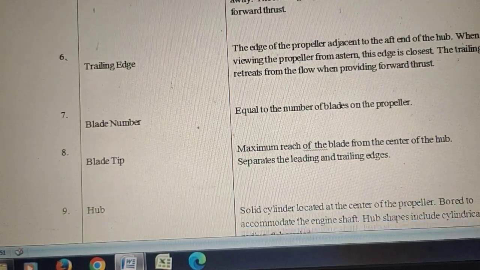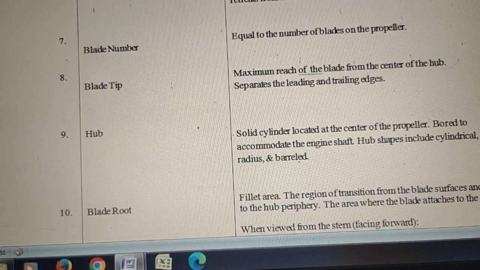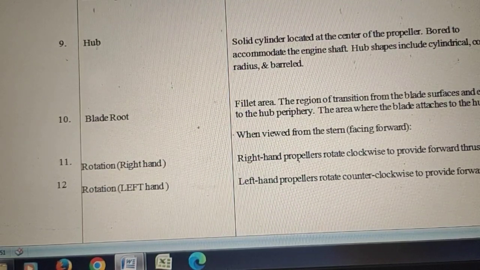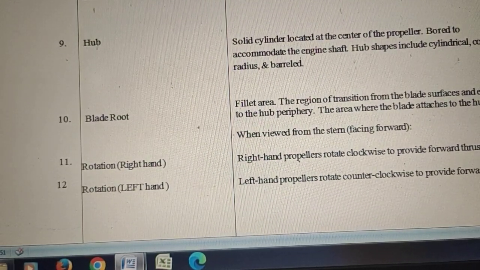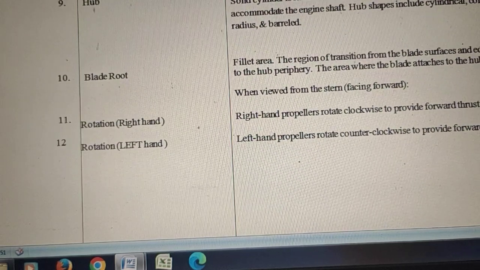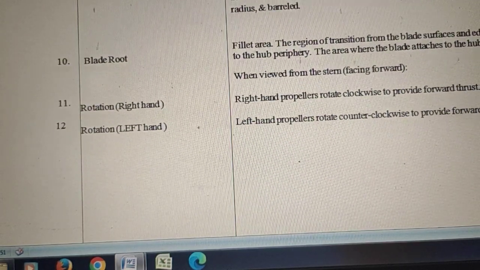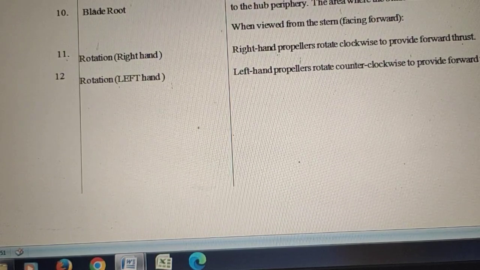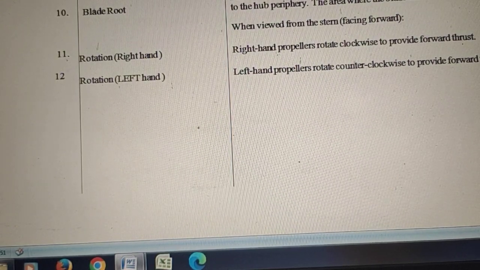We will see more of it in the drawings below. The blade tip, the hub. The hub is where all the blades are attached. The root is at the root of the blade, before the hub, where the blade is attaching to the hub.